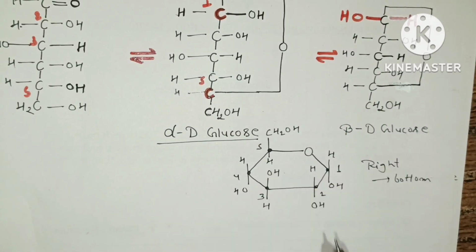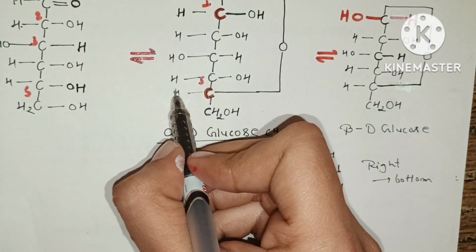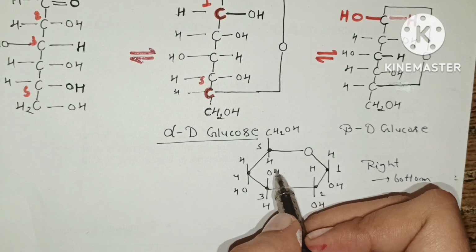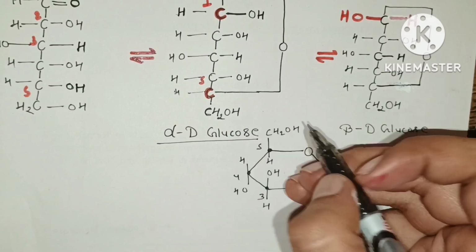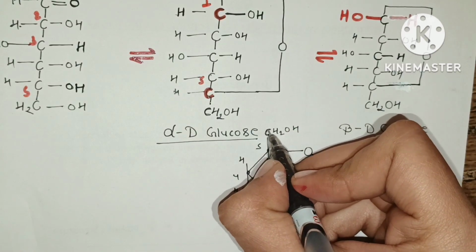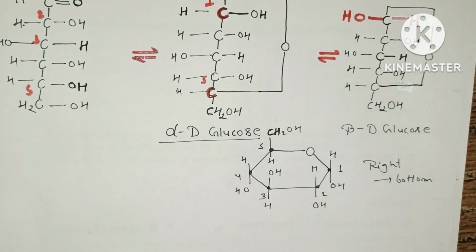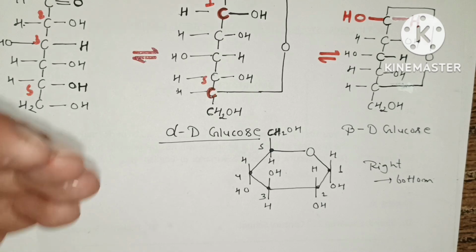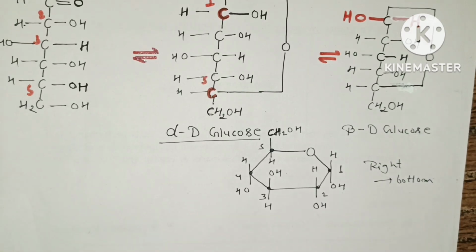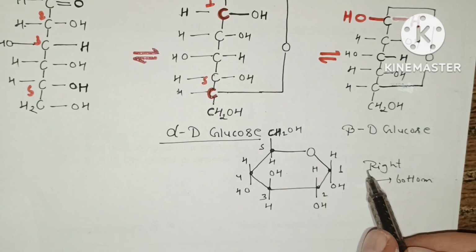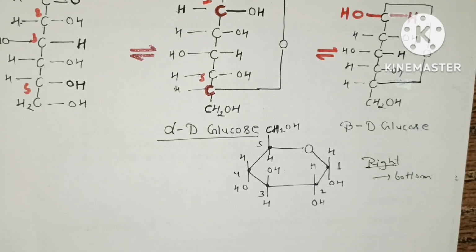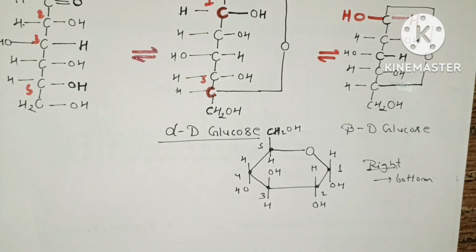So one hydrogen over here because it is at left, so it will be drawn. In the fifth carbon you need to remember the CH2OH will remain over here as the sixth carbon. That you need to remember. Rest all done. So the confusion was between H and OH, and it is resolved by the rule that the groups at right should be at the bottom.